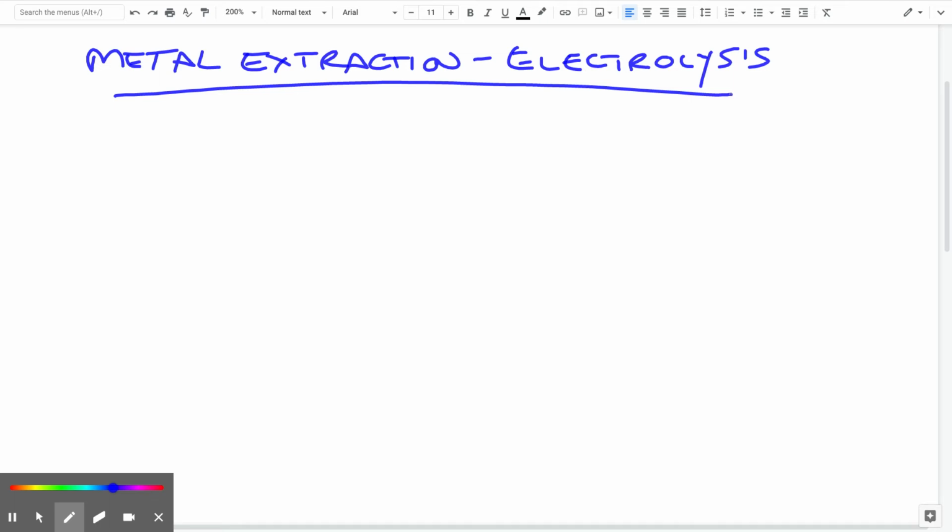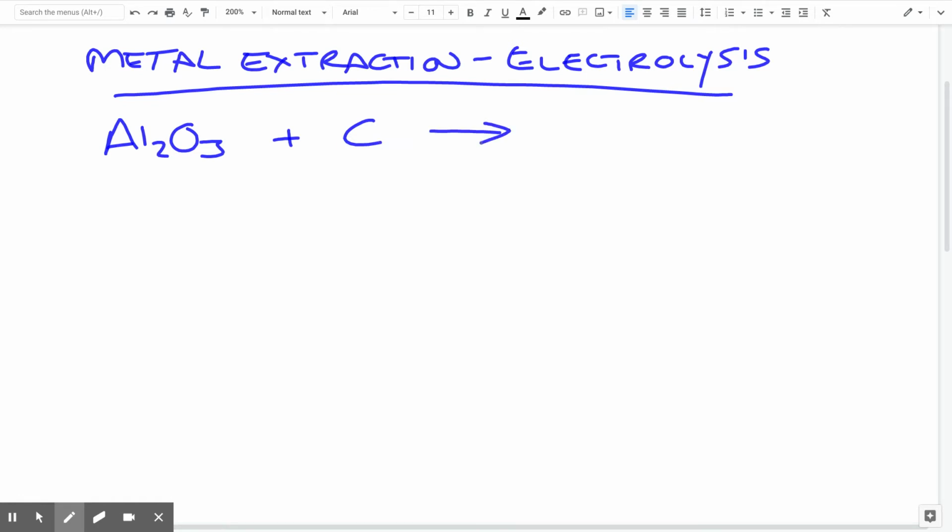Okay, so we're going to look at another example of metal extraction, but this time we're going to look at it in terms of an electrolysis reaction rather than a smelting type reaction with carbon, because it's possible in some circumstances, such as aluminium oxide, aluminium being a quite reactive metal, that in its lack of reaction with carbon, this reaction won't occur because carbon's not reactive enough to displace the aluminium from the aluminium oxide.